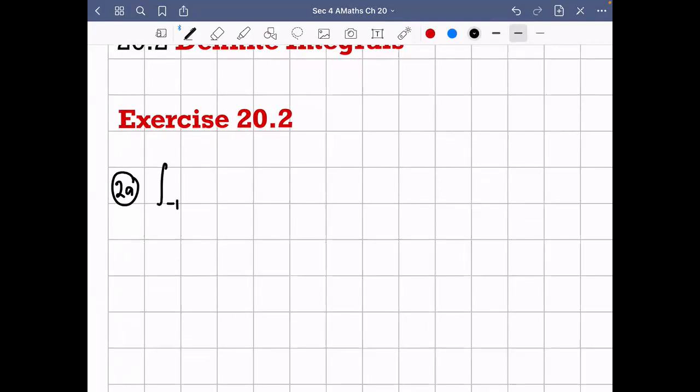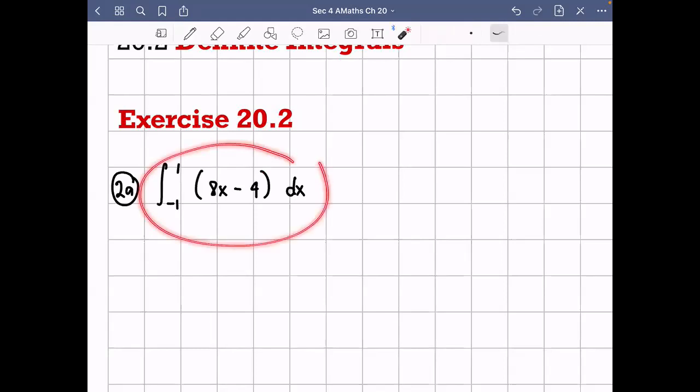So from -1 to 1, you've got 8x minus 4. How do we find the answer for this one? Let's evaluate this definite integral. First, find the antiderivative of this.